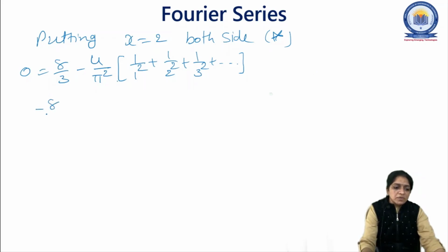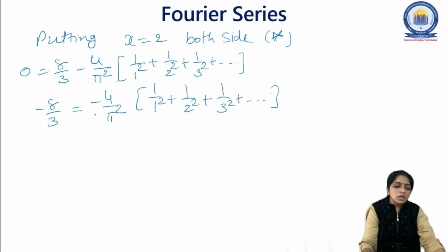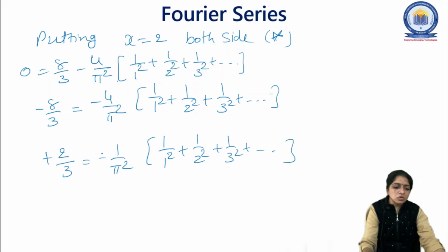So after simplification, 8 by 3 minus 4 upon π² times 1 upon 1² plus 1 upon 2² plus 1 upon 3² plus and so on. If I take 4 common from both sides, then 2 by 3 minus 1 upon π² times 1 upon 1² plus 1 upon 2² plus 1 upon 3² plus and so on equals 0. Okay. So this is equation 2.